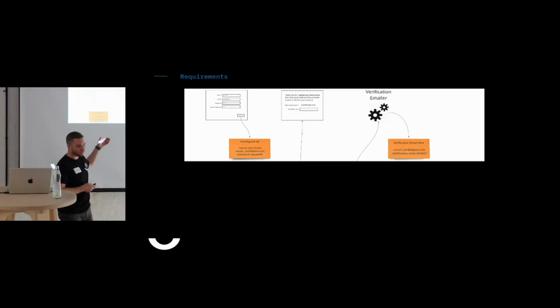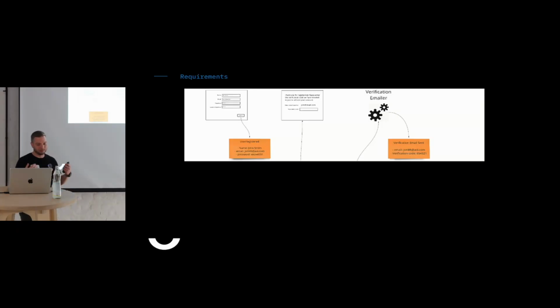And once such an email is sent to the person who wants to register, we expect to have a new kind of action: verification email was sent to somebody with a certain email code.